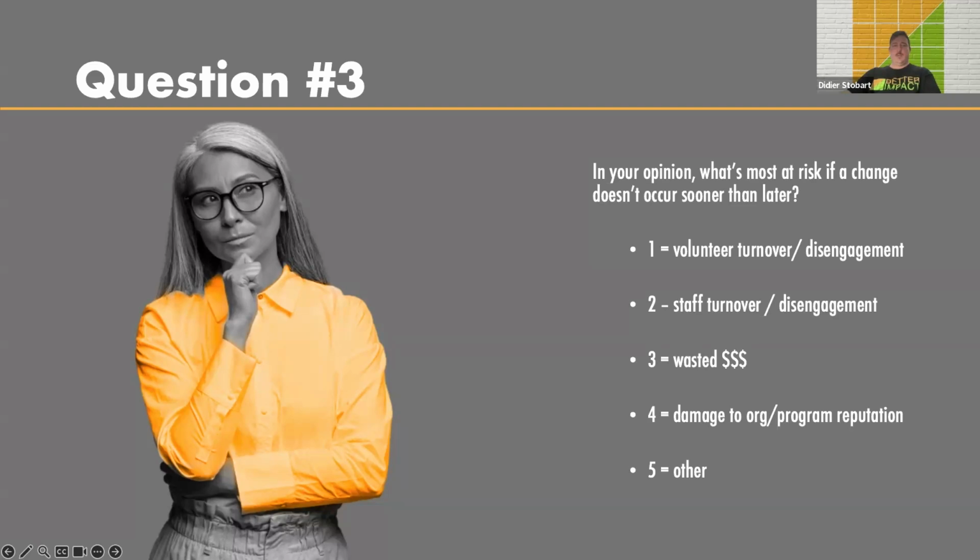A few popping up for number 3, wasted money or budget. Number 1 and 4, so turnover and damage to reputation. We've had a few coming up with multiple, so number 1, 3, and 4. Another number 1 and 4. As you can see, very common issues popping up in the search for volunteer management software.